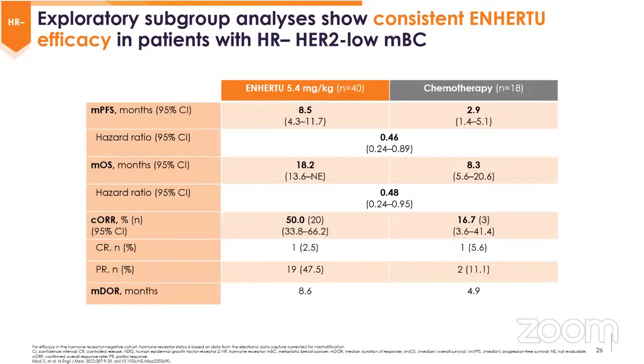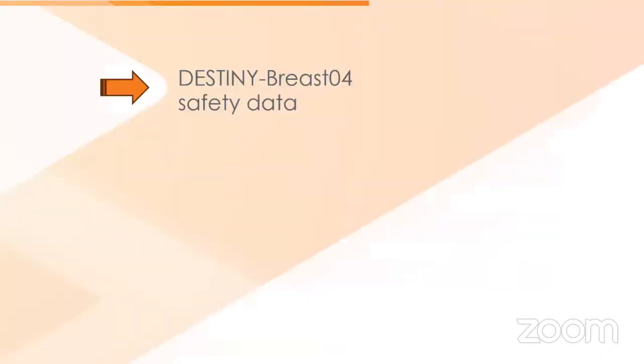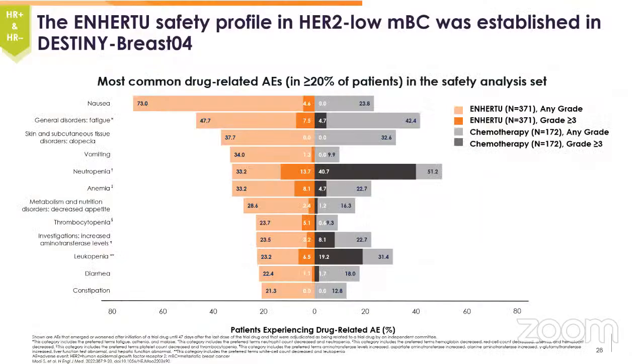Could you change the slide, please? The next slide. So we come to the safety data of Destiny 04, and as we'll see in the slides, the essential toxicity is that of nausea, vomiting, and there are some cytotoxic chemotherapy related side effects like neutropenia and anemia, and diarrhea.